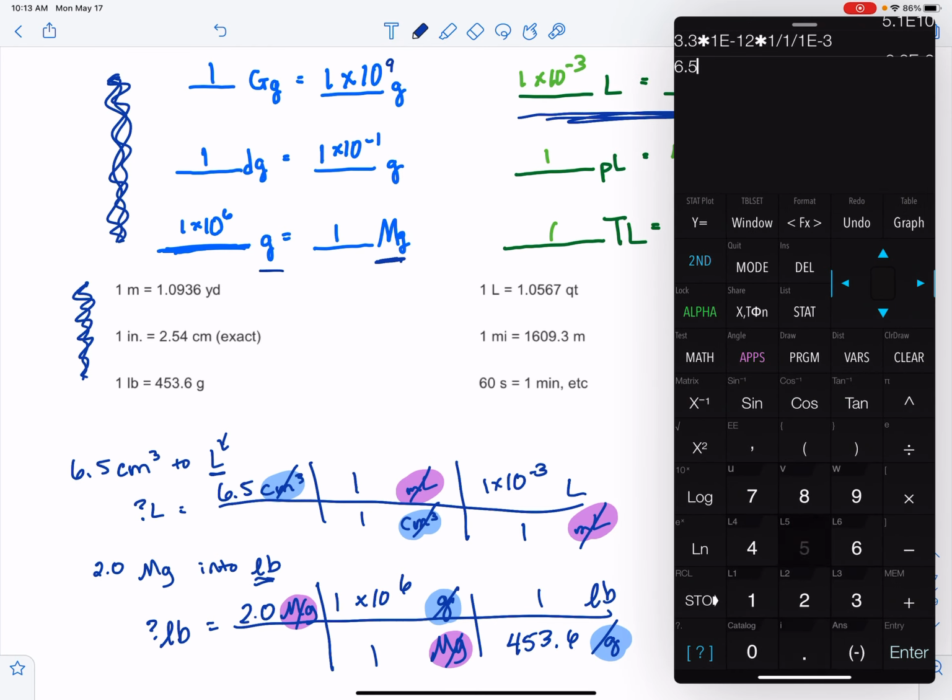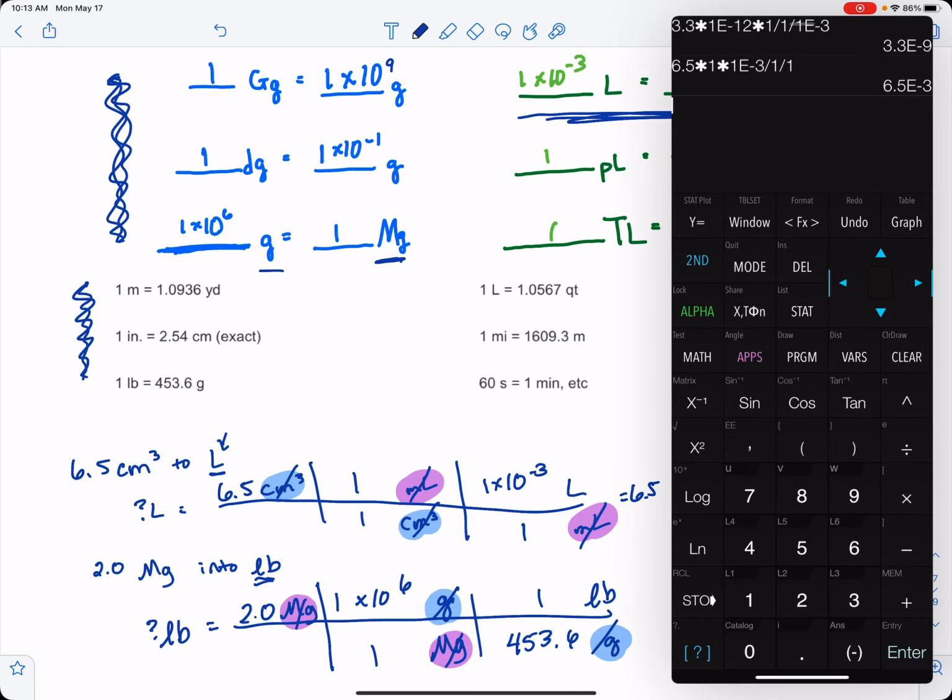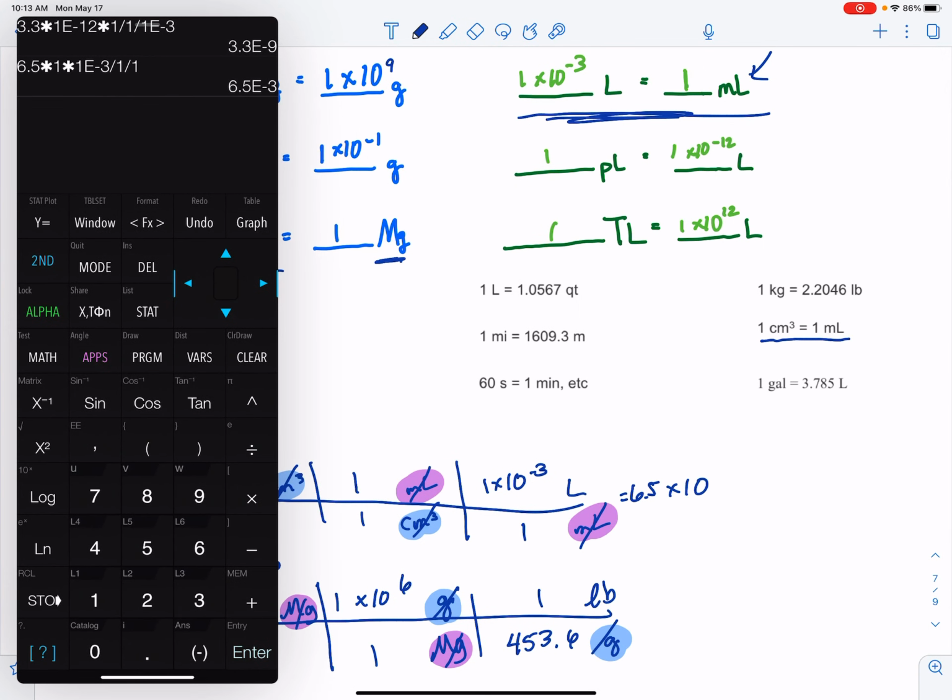So 6.5 times 1. Again, you don't have to include the 1. And then my E key, the negative key, and a 3, divided by, and you don't need these in here, but divided by 1 and divide by 1. So that gives me 6.5 times 10 to the negative third liters, because my other units all canceled out.